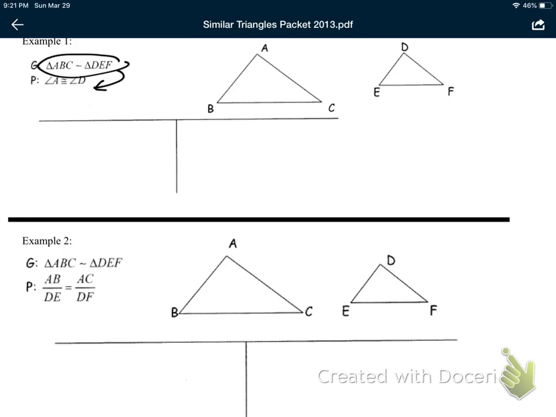But this is actually just asking us to say that if the triangles are similar, then A is congruent to D, because corresponding angles in similar triangles are congruent.